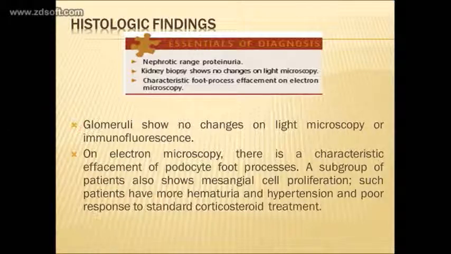On electron microscope, there is a characteristic effacement of podocyte foot processes. A subgroup of patients also shows mesangial cell proliferation. Such patients have more hematuria and hypertension and poor response to standard corticosteroid treatment.